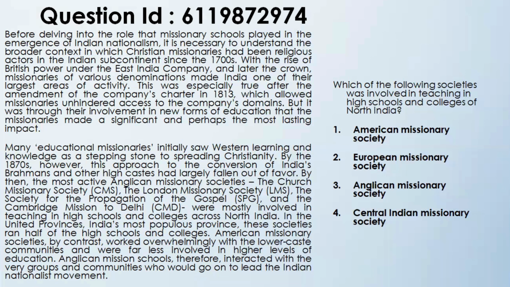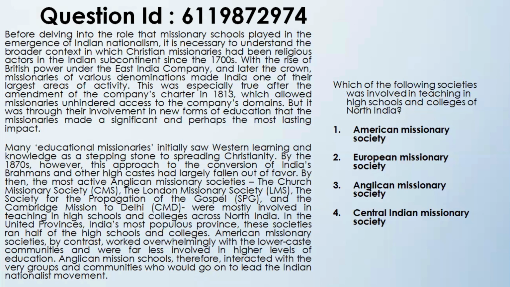In the United Provinces, India's most populous province, these societies ran half of the high schools and colleges. American missionary societies, by contrast, worked overwhelmingly with the lower caste communities and were far less involved in higher levels of education. Anglican mission schools, therefore, interacted with the very groups and communities who would go on to lead the Indian nationalist movement. Alright, so that was the whole passage.